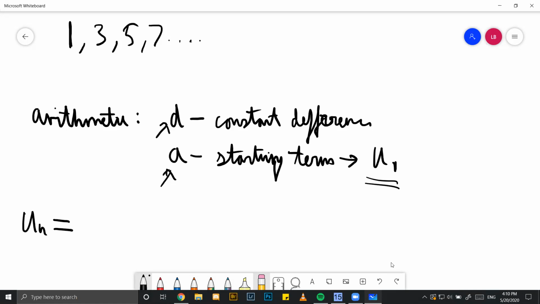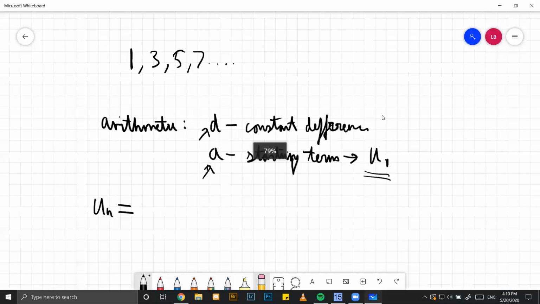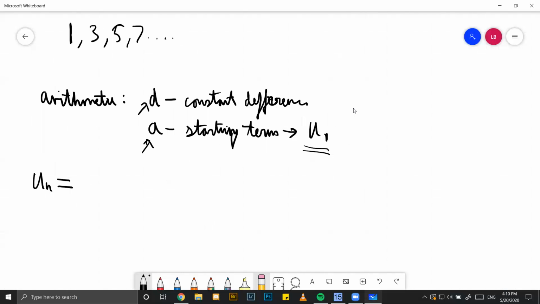So let me just move this here. We're trying to find what u_n is using the fact that the starting term is going to be a and the constant difference is going to be d. We're going to refer to this numerical sequence over here, but we can use any sequence. I'm just referring to the numerical sequence so that there's some context.